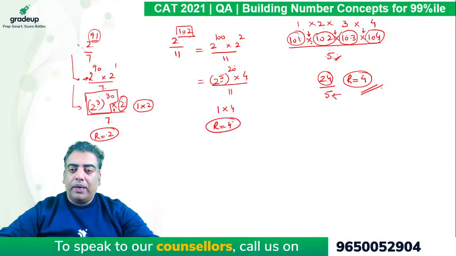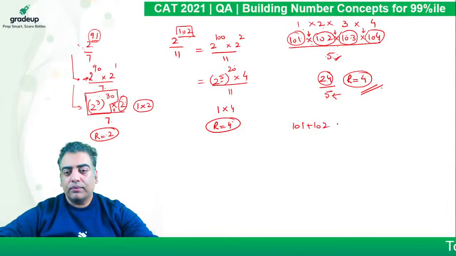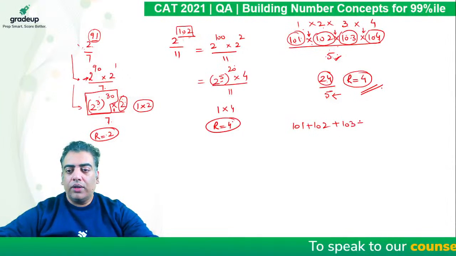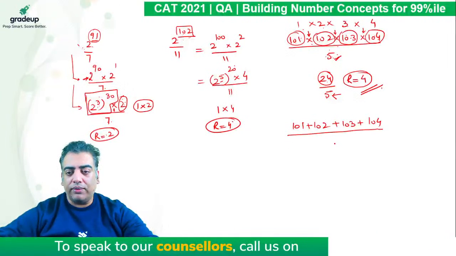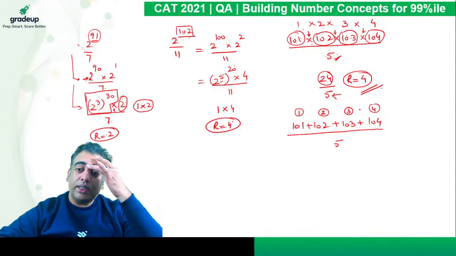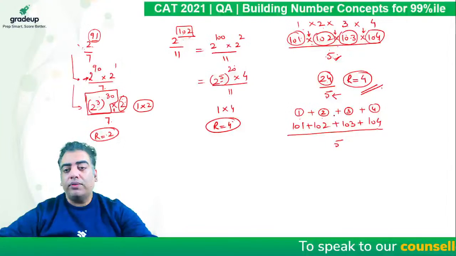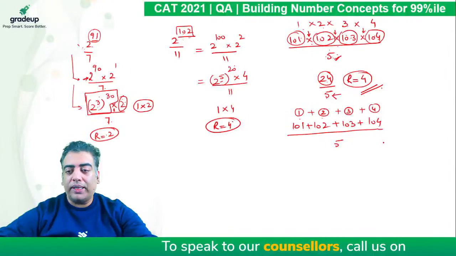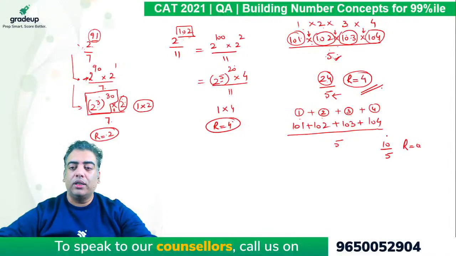So instead of a multiplication sign, if you have a plus sign here, and you need to find the remainder when this sum is divided by 5, again we can follow the very same process. It gives me remainders of 1, 2, 3 and 4. Because of this plus sign, all the values are to be added. The sum of these four values comes out to be 10, and 10 when divided by 5, remainder comes out to be 0.